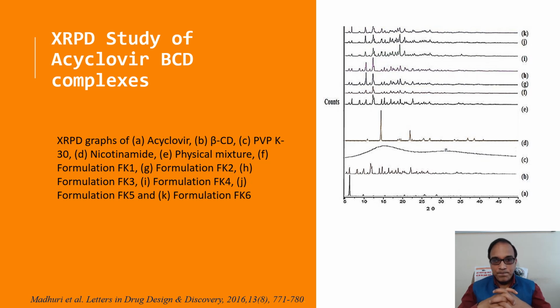Then PVP, nicotinamide, the physical mixture, and above all are the formulations. The formulations have a diffuse peak rather than the crystalline one as compared to the drug, and the drug's sharp crystalline peak is not there in the case of the complexes. So a partial amorphization is indicated here in the X-ray diffraction of acyclovir.